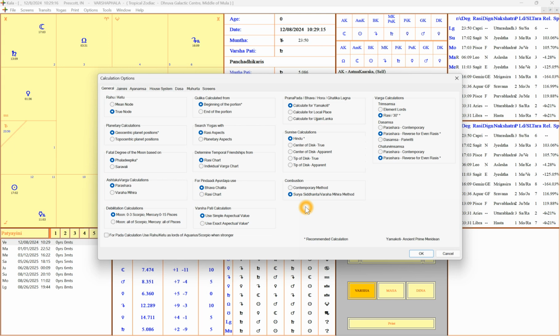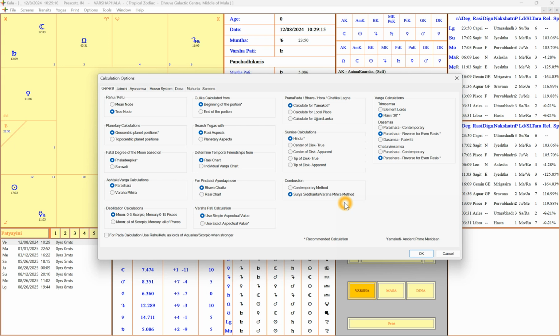And so Scala is the only software that calculates combustion according to that method, which is what all the old astronomy books teach, including the Surya Siddhanta and Varaha Mihira, which are the two most important schools. Okay? So this is something that's been forgotten, where combustion is seen just based on degrees, where it may actually not be combust. And oftentimes it is combust and you think it's not. So that's a very important consideration.